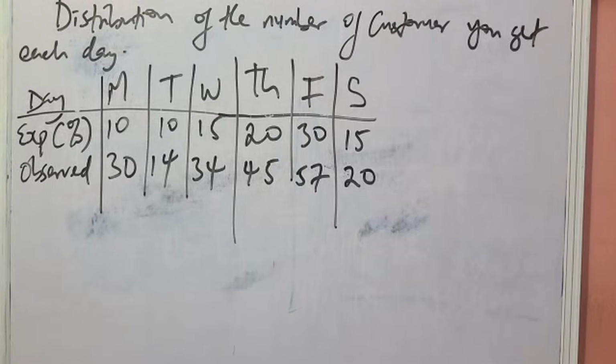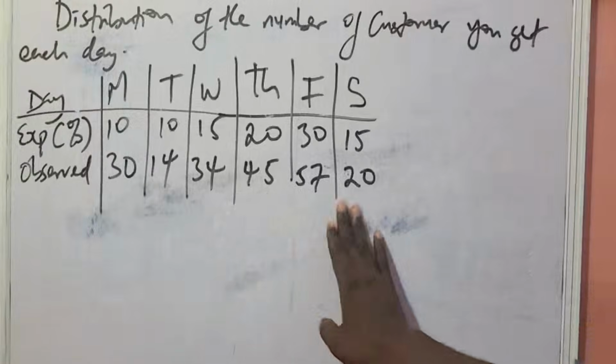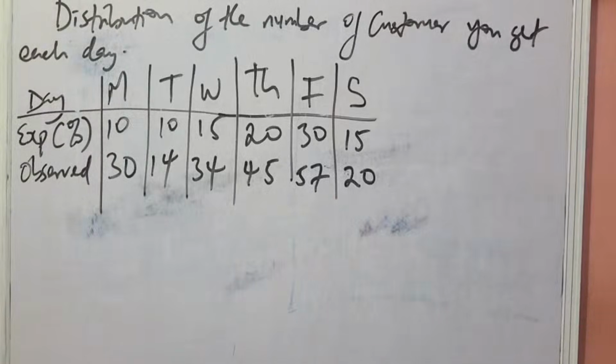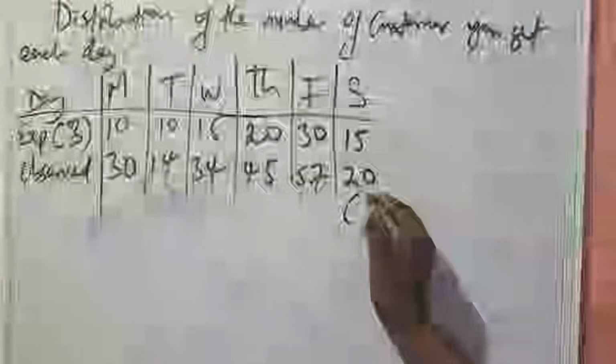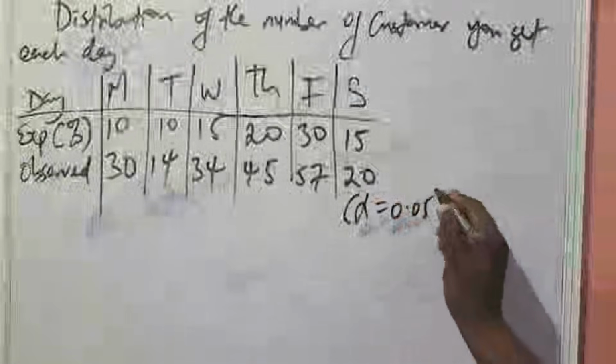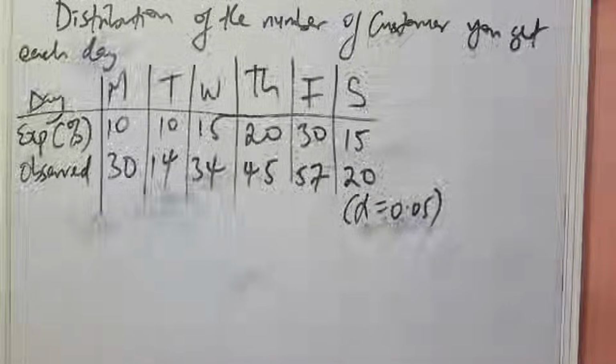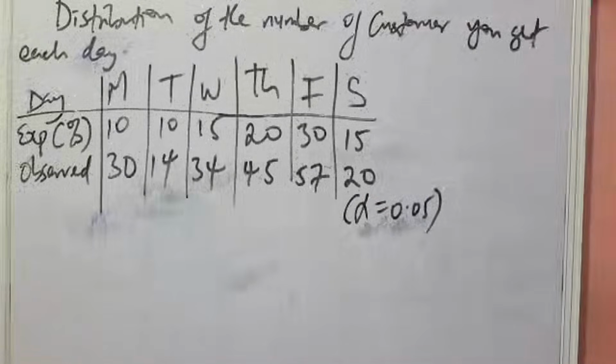Now, I told you guys already, once you see categorical data, especially when you are seeing observed and expected, just know that you're dealing with goodness of fit test. You're told to test this at 0.05. And the question was, how good does this distribution actually fit the observed data? Goodness of fit has to do with, I had an expectation.